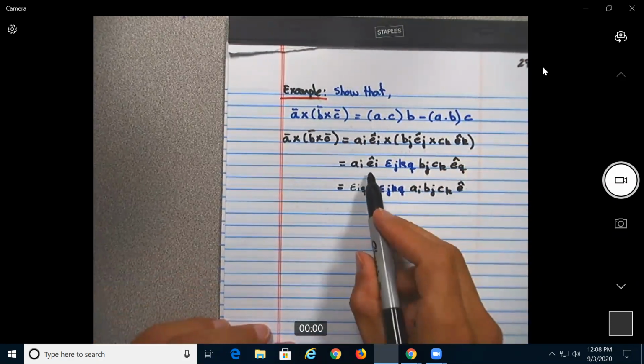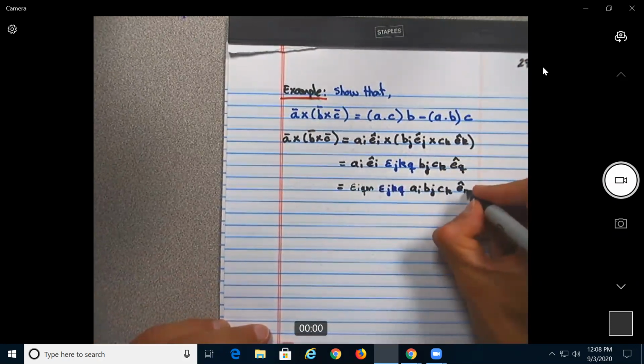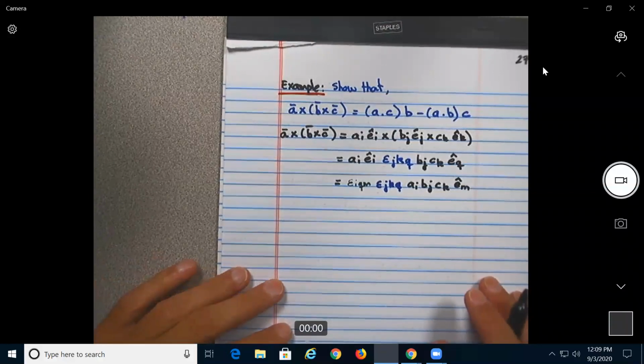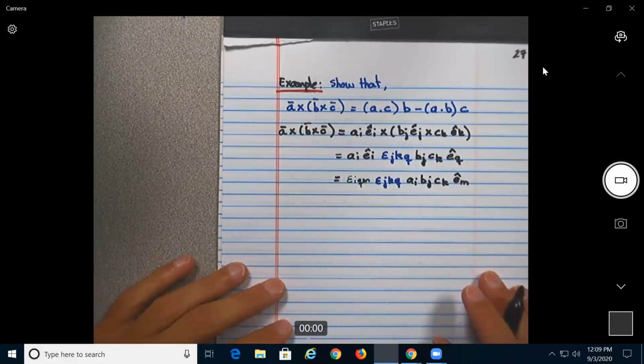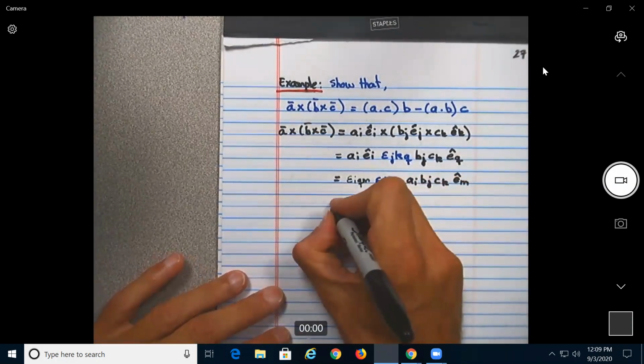We do e_i cross e_q, and this should give you the e_m. So exactly the same thing as before, okay? Now we use the relation to go from the epsilon to the delta chronometers.